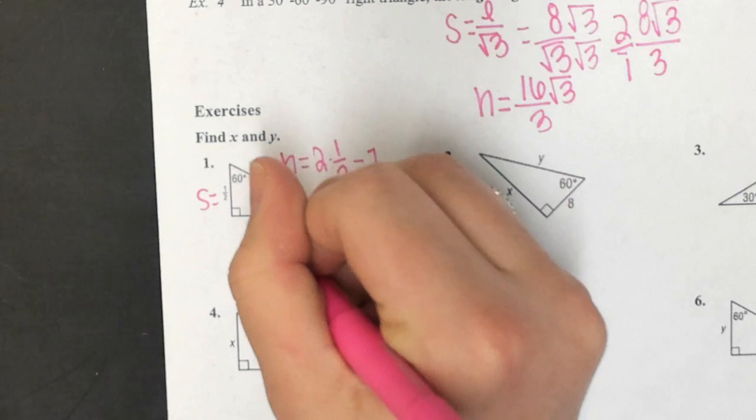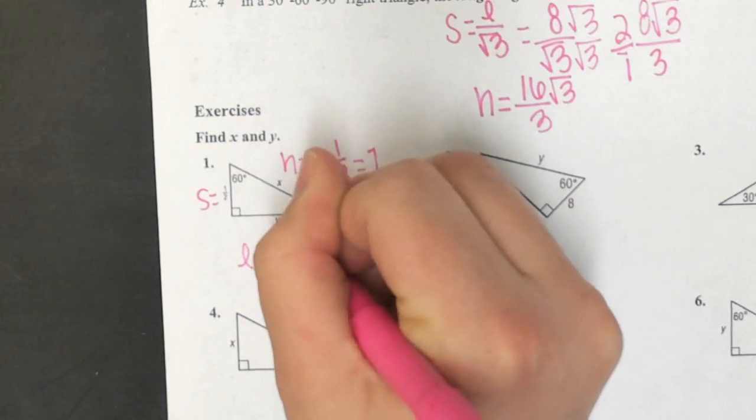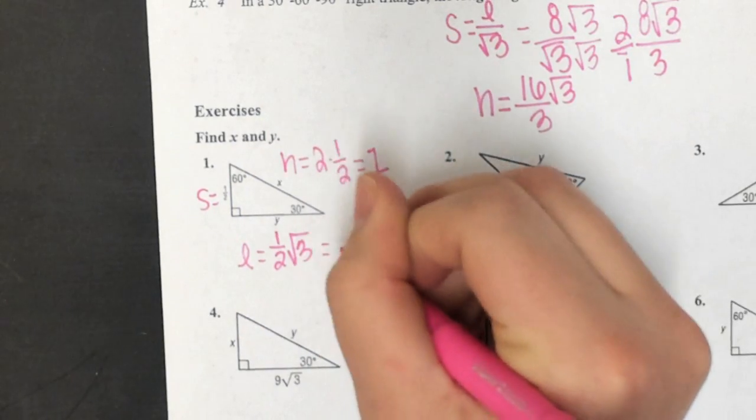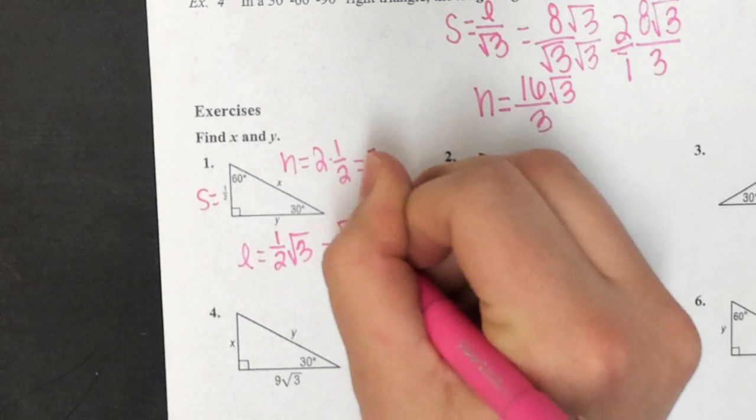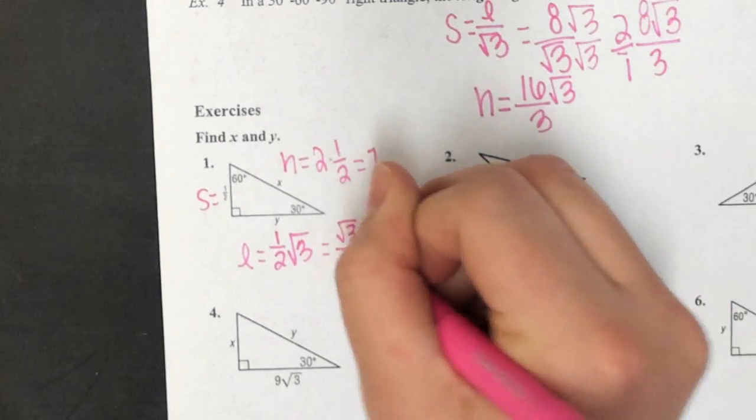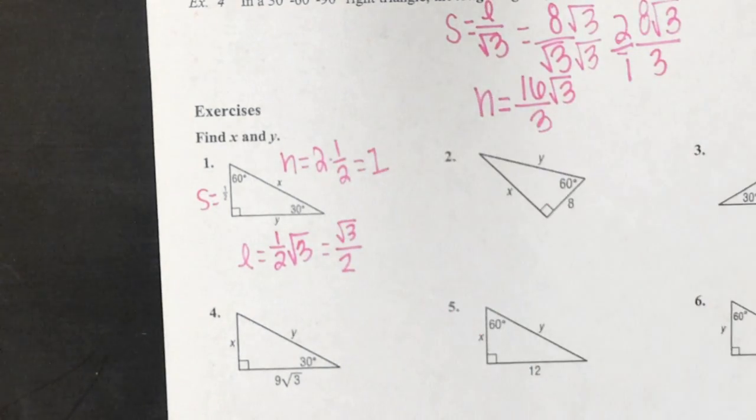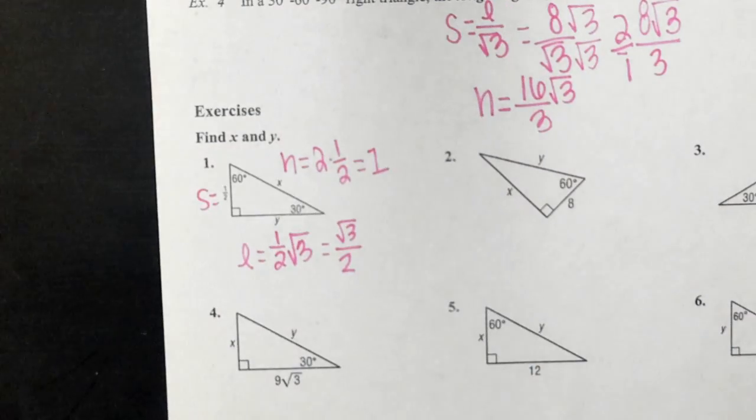If I have 1/2 times the square root of 3, really, I could simplify that to be the square root of 3 over 2. Put it in the calculator and it could be a decimal. Square root of 3 is as simplified as the square root of 3 can go.